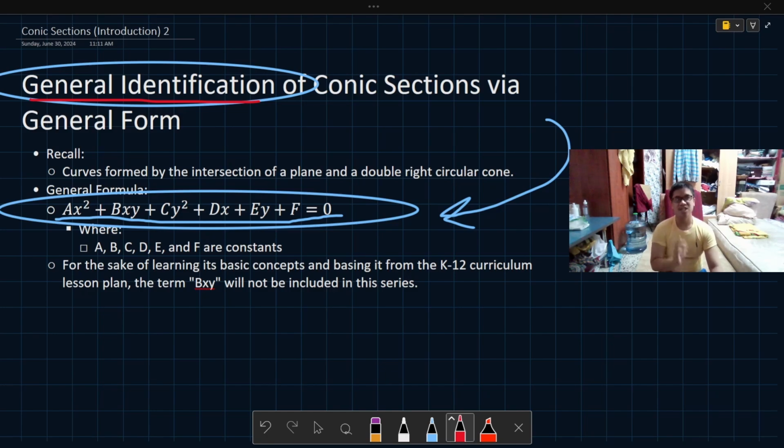When I say general identification, it means commonly, this is how they look. So what does it mean? It means that there is a chance that you think it's a circle based on the technique I showed you, but in reality, it's not a circle.